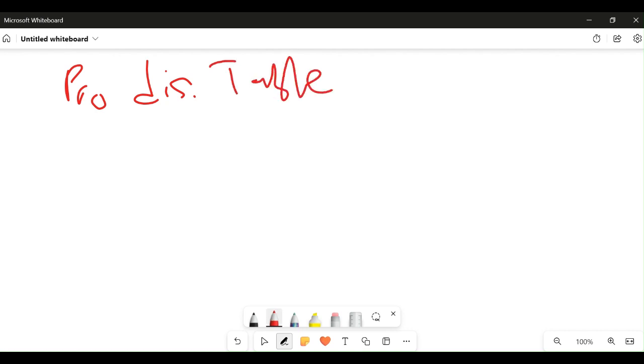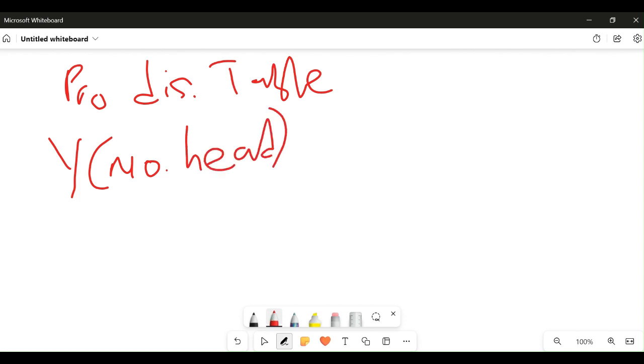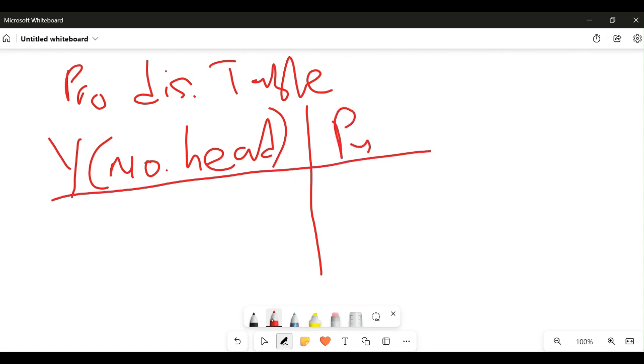Let's start with the possible outcomes that we can have. Let's use Y, which is the number of heads, and then the probability of Y. Usually the capital letter is used to denote the random variable, while the probability is denoted in small letter.